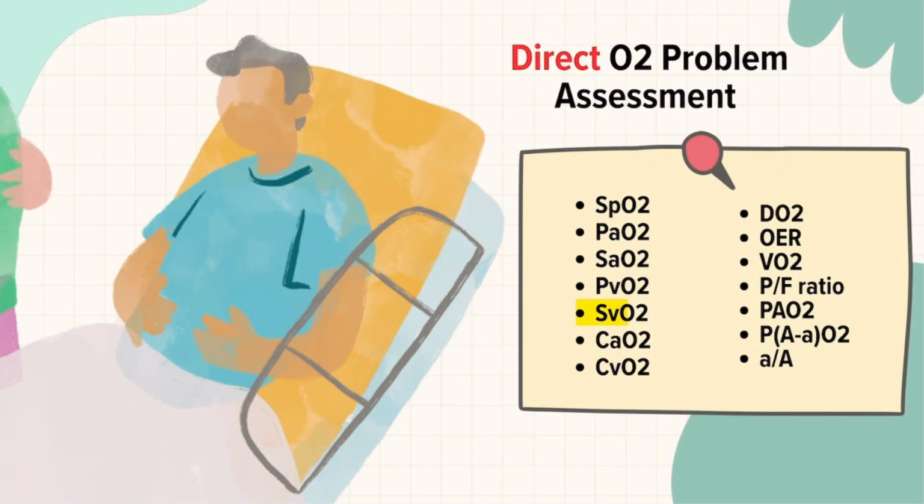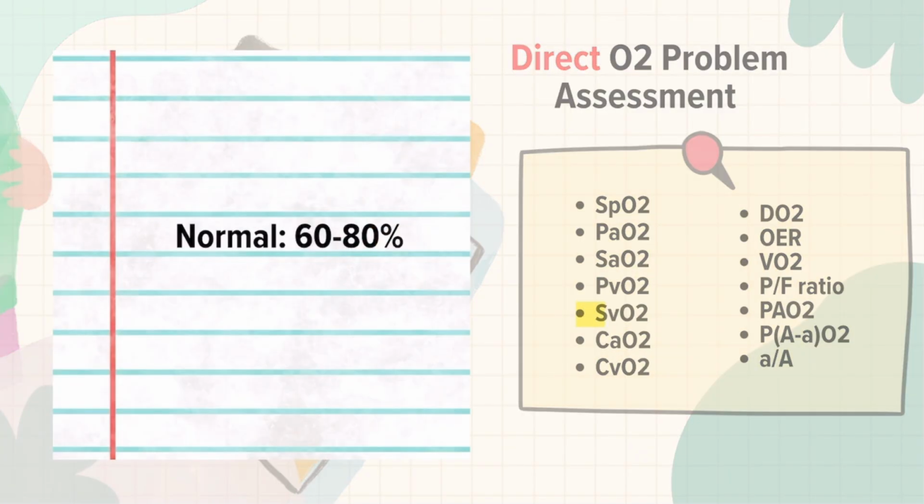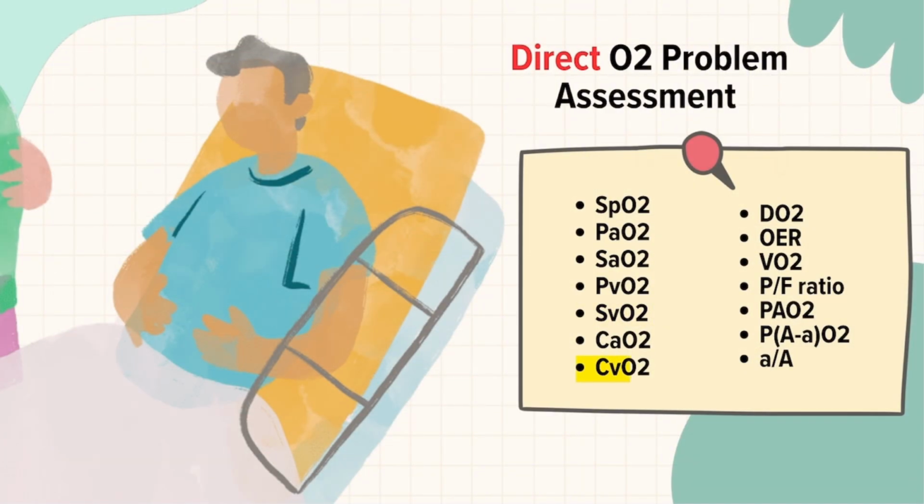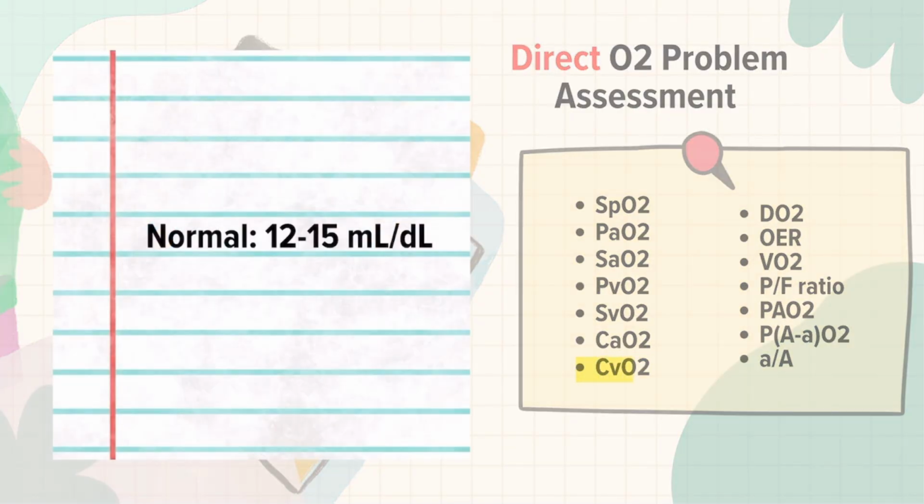SvO2, venous oxygen saturation, is the percent of hemoglobin still carrying oxygen after tissue use. Normal range 60 to 80%. 11. CvO2, venous oxygen content, is the total amount of oxygen left in our venous blood. Normal range 12 to 15 milliliters per deciliter.